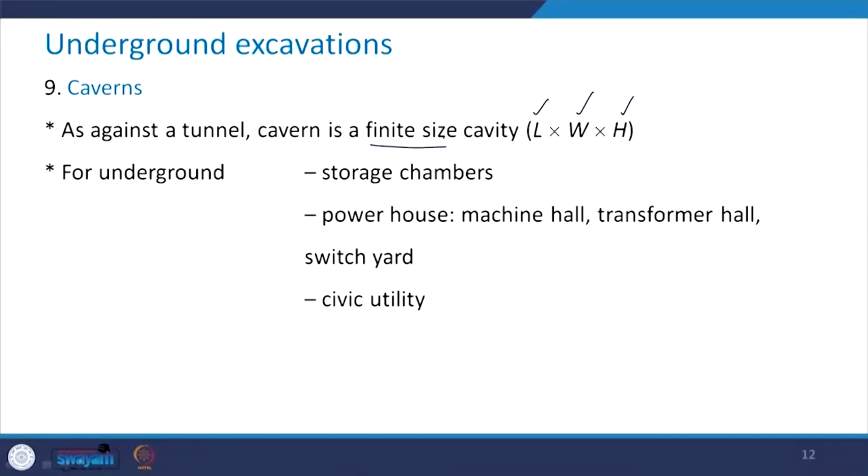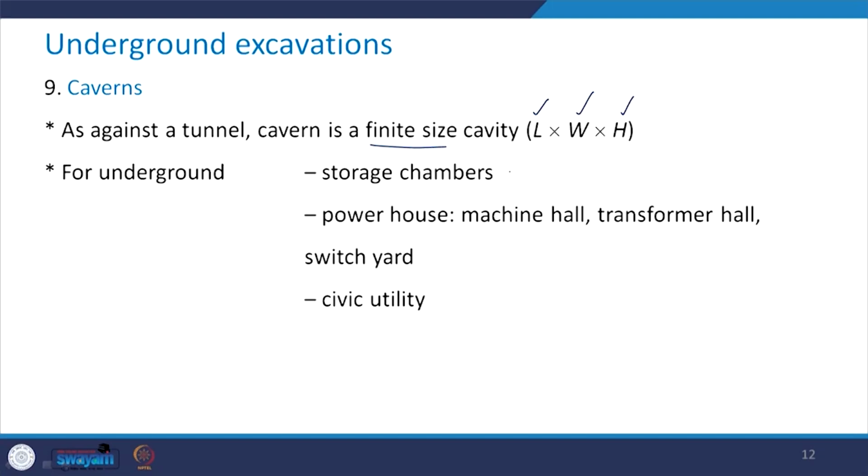But in case of the cavern, all the three dimensions are finite and compared to each other they are of significant magnitude.